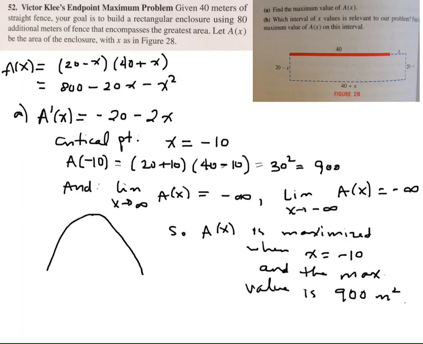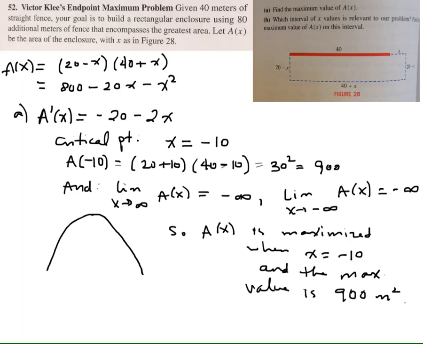All right. But now for part B, they say, on what interval of x values should we actually have been maximizing A, right? Does it make sense that x is negative 10? Well, no, it doesn't. x has to be greater than or equal to 0.